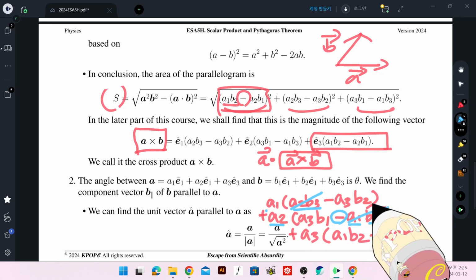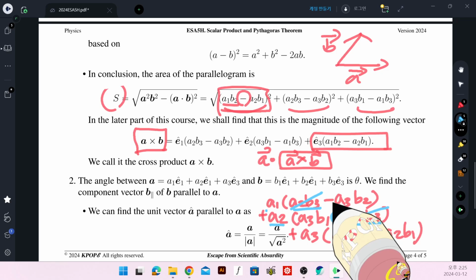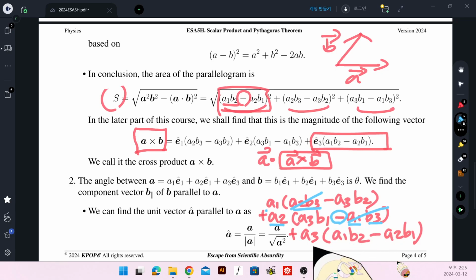A1, A3, B2. We have a negative sign. A1, A3, B2, but we have a positive sign. So this one and this one cancel. A2, A3, B1, A2, A3, B1. We have the same term, but with opposite sign.